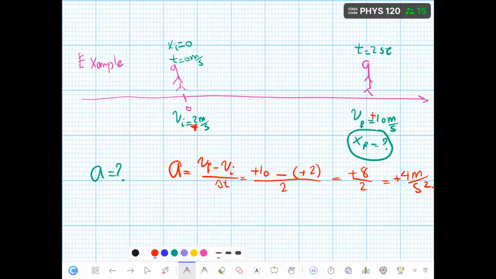How much has the velocity changed? It changed 8 because it was 2, now it's 10. It increased from 2 to 10, positive 8. And then divided by how many seconds it takes the person to move from this position to that position. 2 seconds. Positive 8 divided by 2.